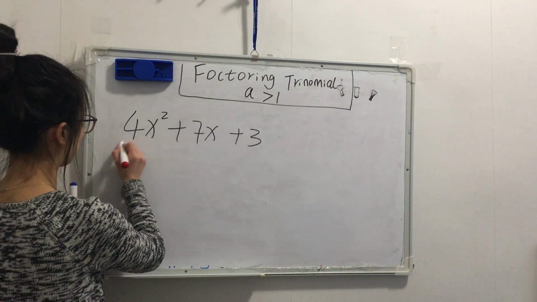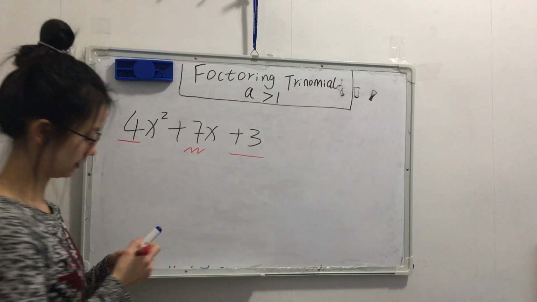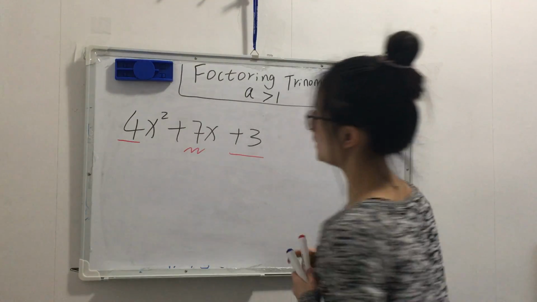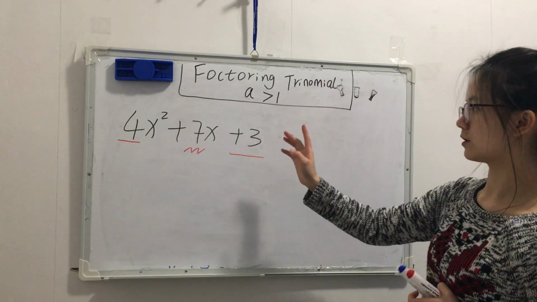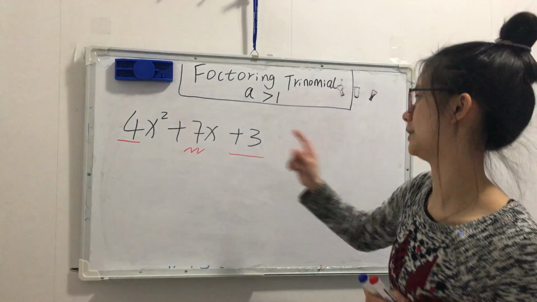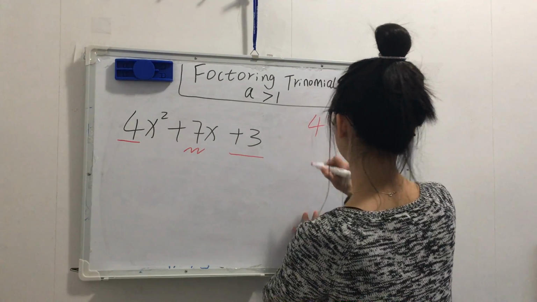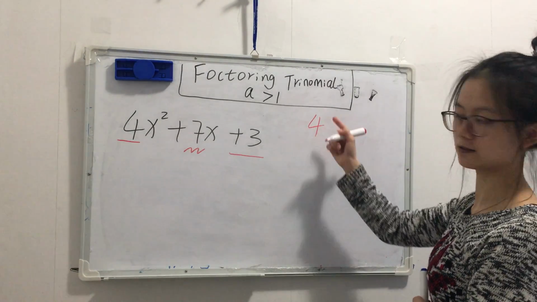See, this is our A term, this is the B term, this is the C term. We need to know the factors for the A term and the factors for the C term. Do you still remember? Let's say for 4, what are the factors for 4?